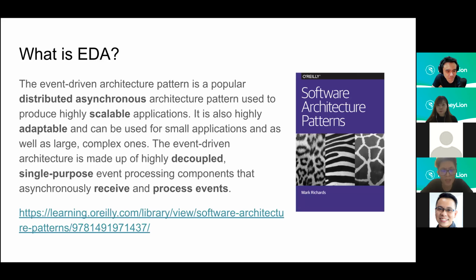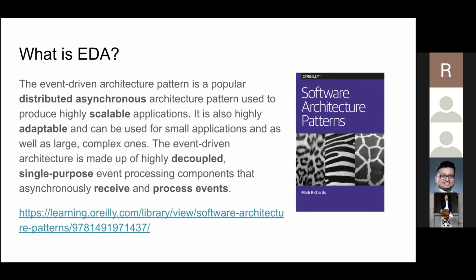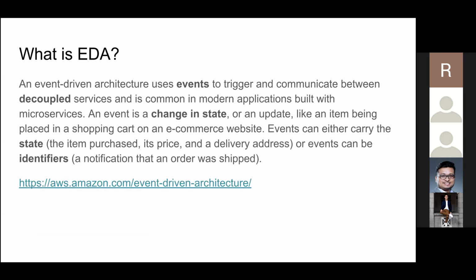So we want to use event-driven architecture when we want a highly scalable and highly adaptive application. And how does it achieve this? It's through connecting highly decoupled, single-purpose components through events, where each component can asynchronously receive and process events. I still have four more definitions to go.